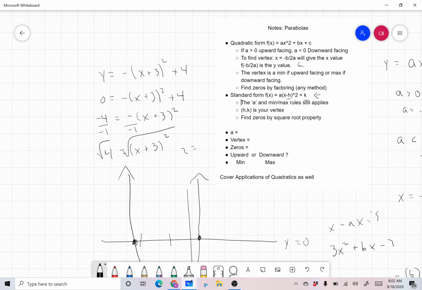Plus or minus 2 is equal to x plus 3, minus 3, minus 3. So now we have negative 3 plus or minus 2 is equal to x. Your zeros here are x equals negative 3 plus 2, which is negative 1, and negative 3 minus 2, which is negative 5.